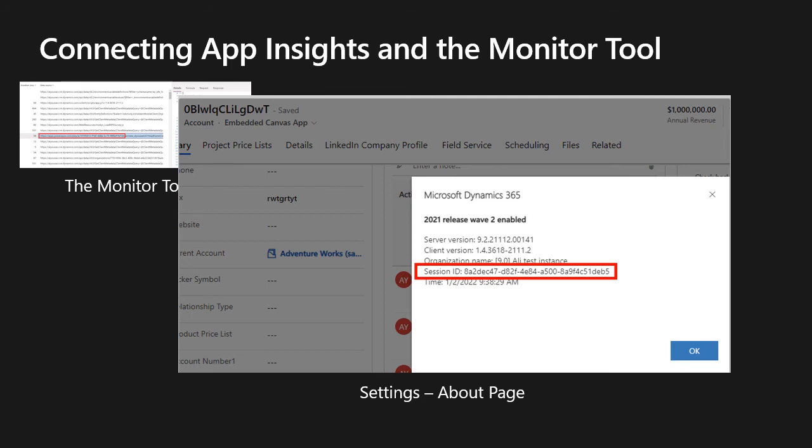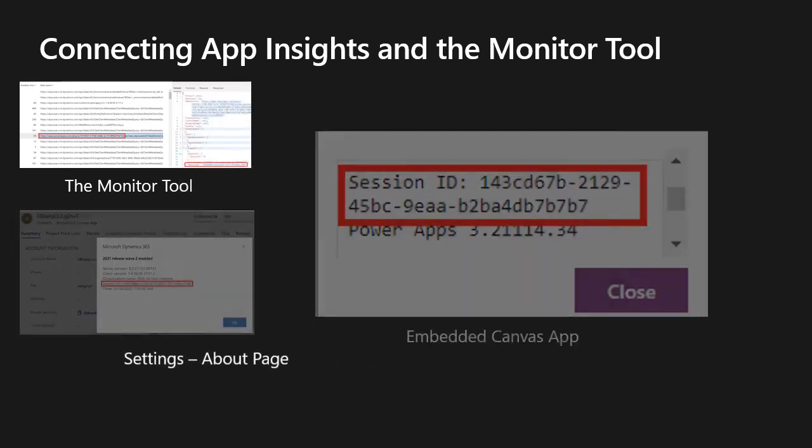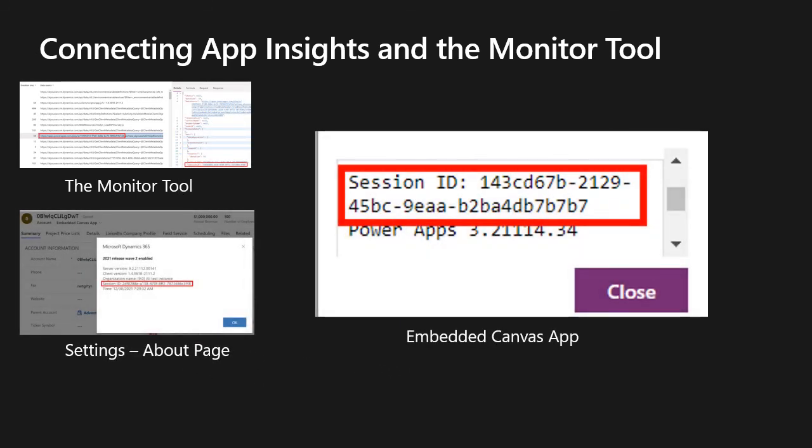We can connect that information from the form load, which actually shows a lot of the information from Monitor Tool as well. We can get the embedded Canvas app session ID by holding down the Alt key, right-clicking with the mouse, and collecting the session ID.